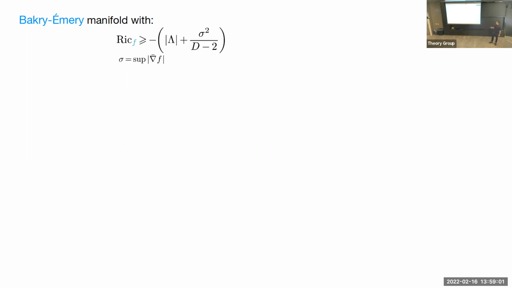I'm going to use the shorthand H_f for this modified Ricci tensor. And in this mathematical framework, mathematicians have shown that this tensor controls the spectrum of a certain operator, which is a Laplacian modified with the same function f. You can understand where this Laplacian comes from: it is the natural operator which is self-adjoint with respect to the L2 measure with this extra weight function e to the f.